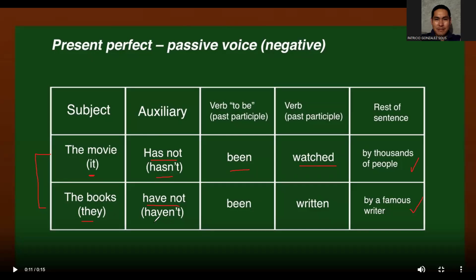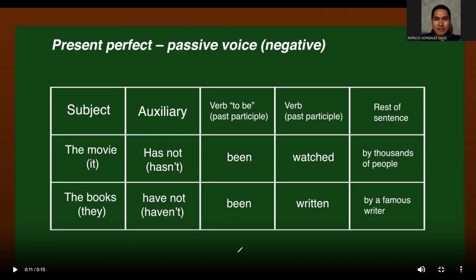Have not, haven't been written and the rest of the sentence. Okay? It is the negative structure. So, are there any observations? No, teacher. Okay.